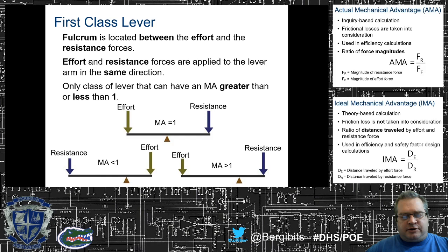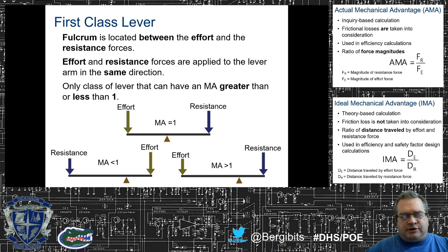Your resistance is way out on the end. So according to the definition at the right, mechanical advantage of less than 1, you're going to be closer to the fulcrum, and it's going to require a lot of effort to overcome that resistance. Bottom right hand illustration, you can see that we've increased the distance between the fulcrum and the effort, so our mechanical advantage is greater than 1, and that matches up with our definitions at the right that I brought up.